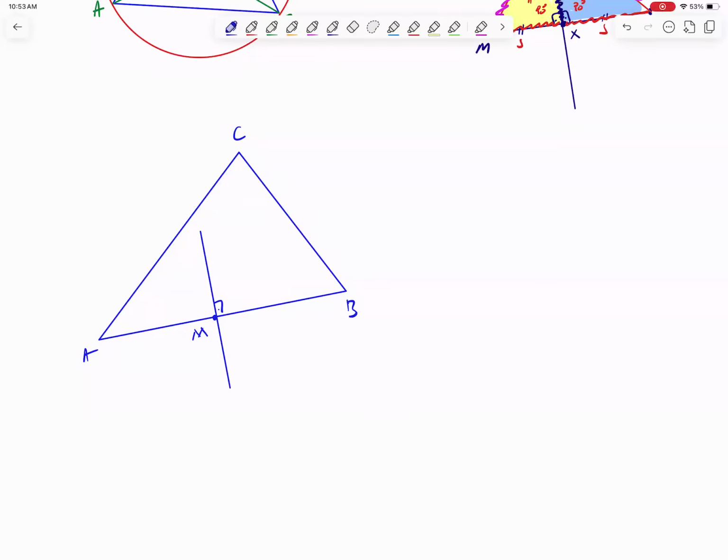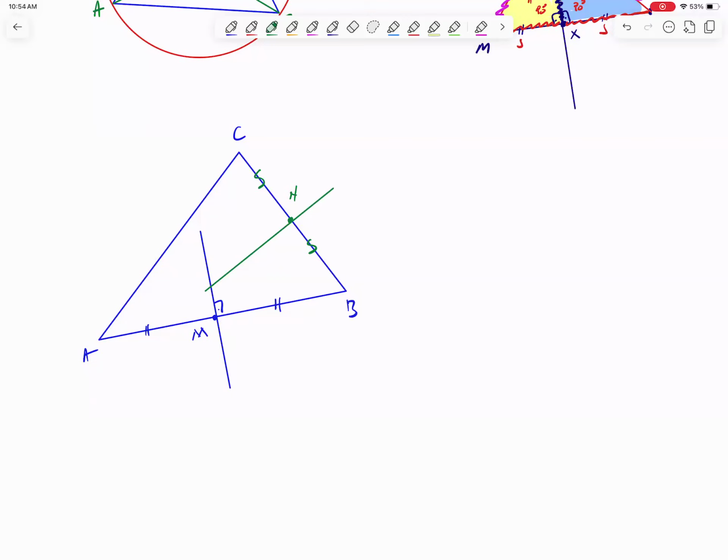Now, any point on this blue perpendicular line must be equidistant to A and B. Then we draw the second perpendicular bisector, this green one. The midpoint of BC is N, so CN must be equal to NB. We cut side BC perpendicularly and bisecting, and this is the green perpendicular bisector.